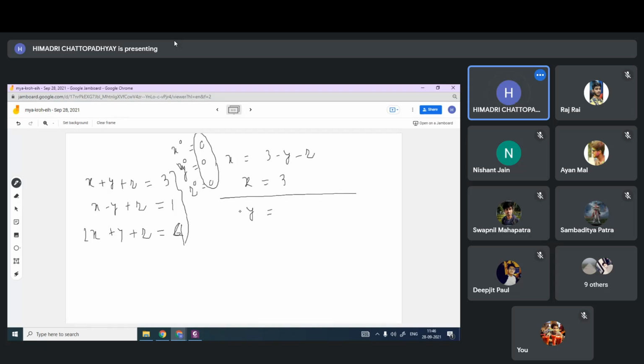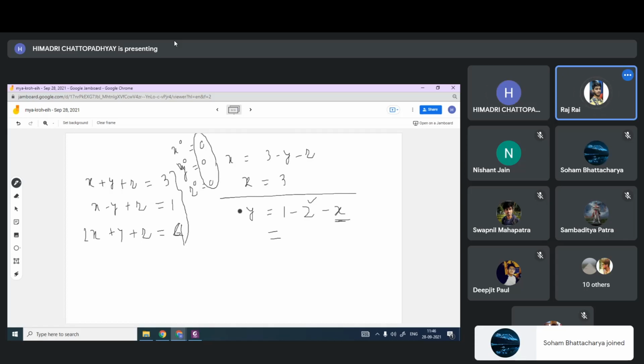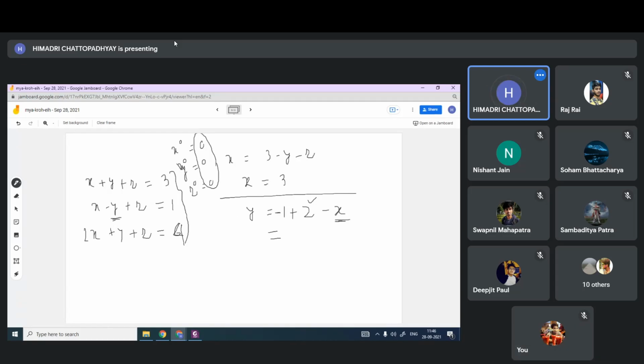Y is 1 minus z minus x, or rather y is x plus z minus 1, sorry. So now you see that I start with 0, 0, 0.